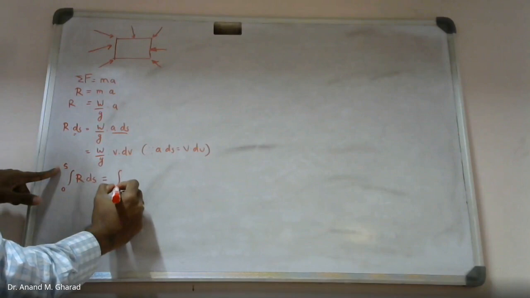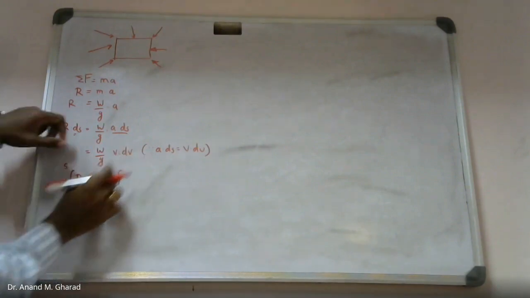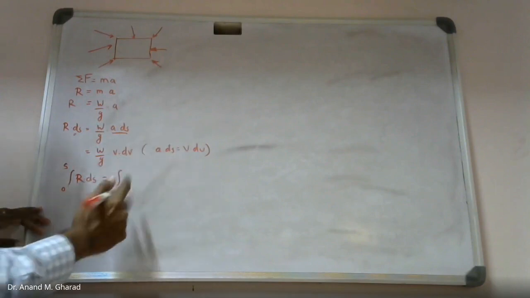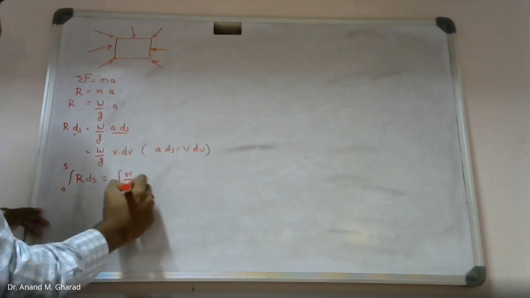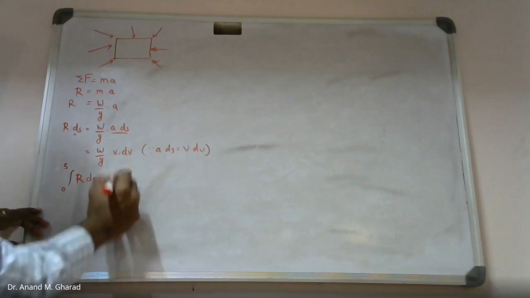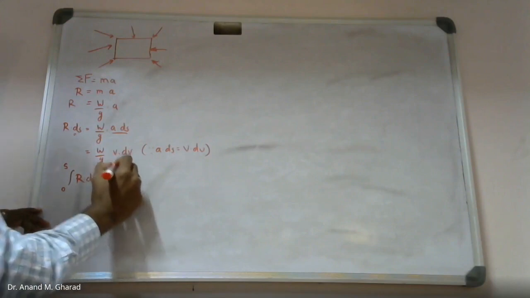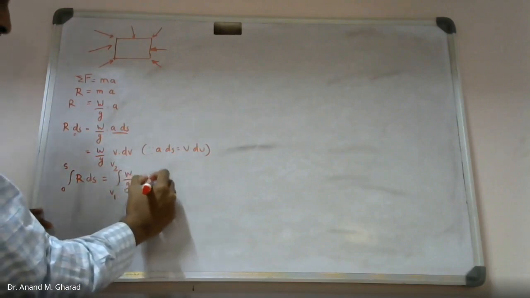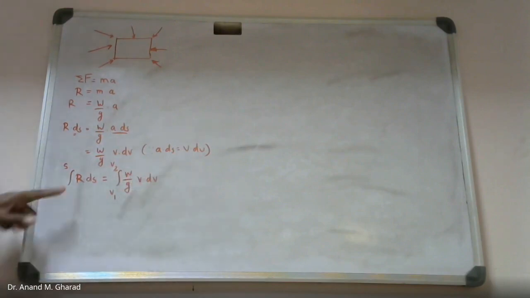Similarly over here, because of the displacement, that body must have gained some kind of velocity, right? So let me say from some initial velocity to some final velocity. Okay, so I will try to find out the value associated with it.